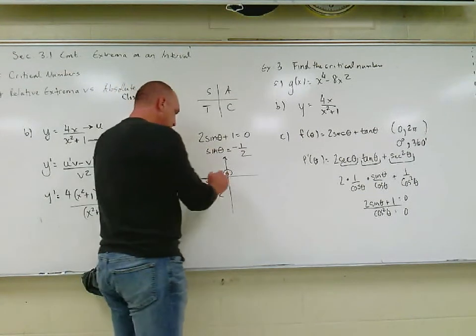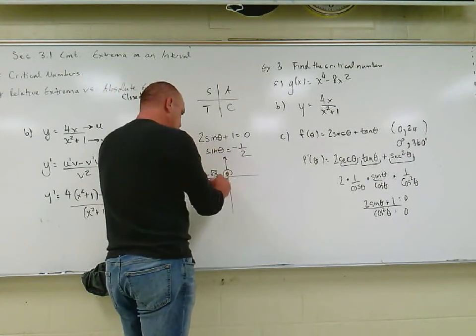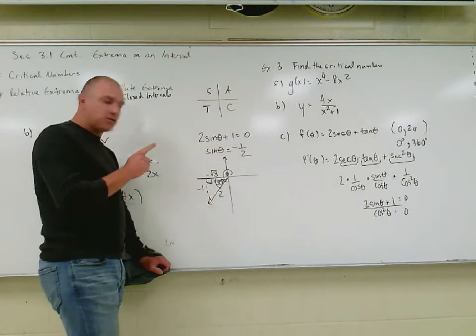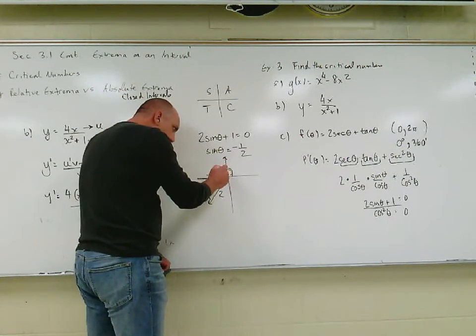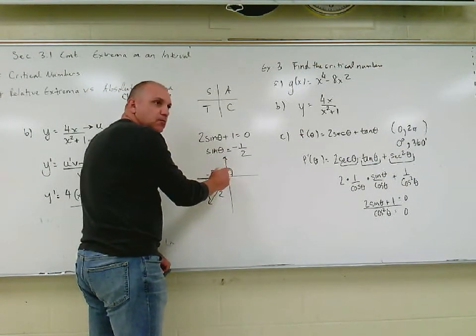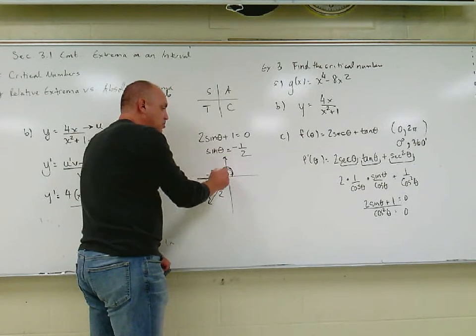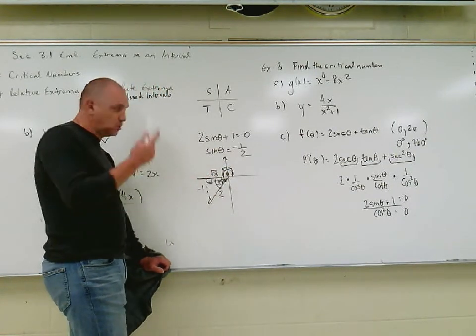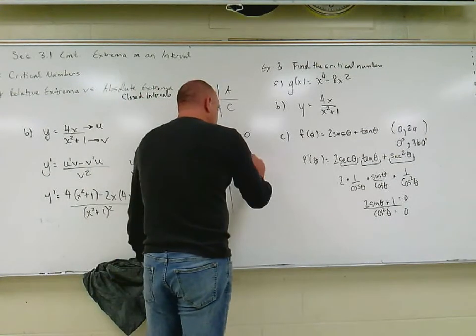It's a 30, 60, 90, adjacent negative square root of 3. So this angle here has to be 30, but that's not the answer because you always calculate your angle counterclockwise from the positive x-axis. So that would be a total of how much? If you're 30 degrees past the 180, 210. So that's one of our answers.